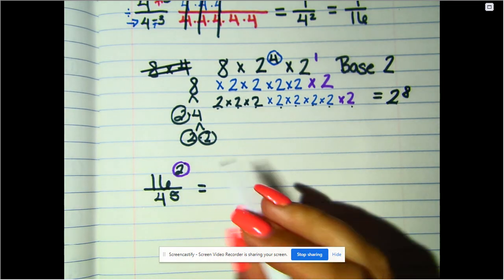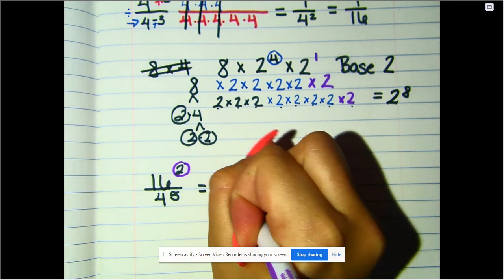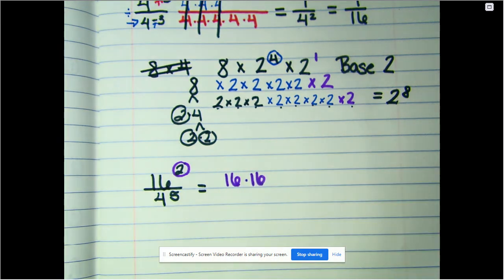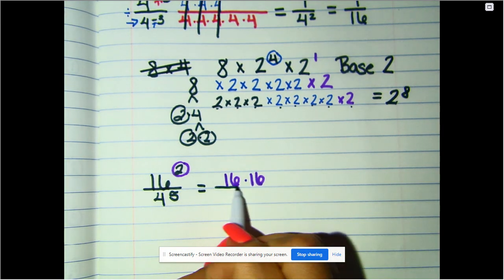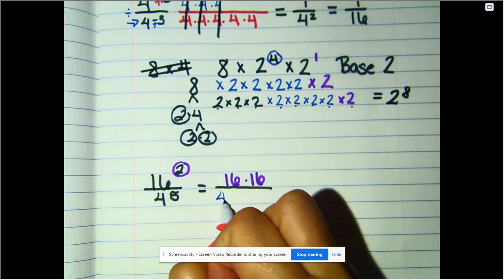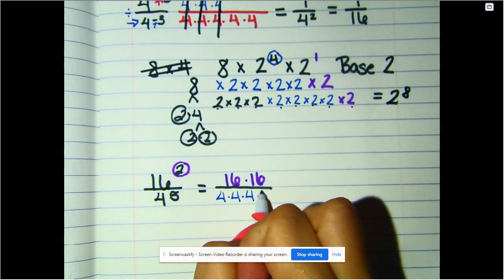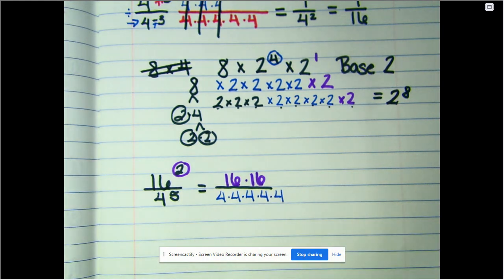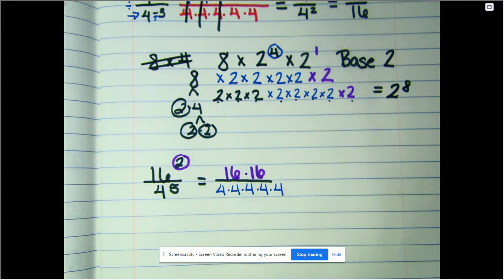So 16 to the 2nd power just means that I have 16 times 16. And then 4 to the 5th power lets you know that you have 4 times 4 times 4 times 4 times 4. Okay, now again, we're not going to freak out because their bases are different. Let's see if we can get it to the same base.